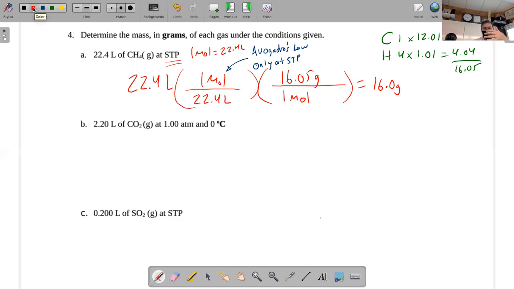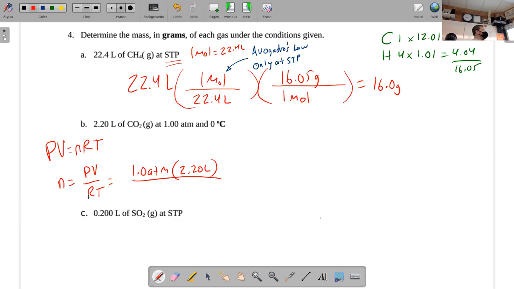So if it happens to not be at STP conditions, another option, and it works at all conditions, is that the number of moles is equal to PV over RT. The pressure is 1 atmosphere, and then the volume is 2.20 liters.